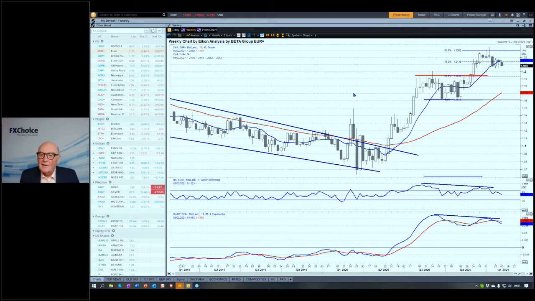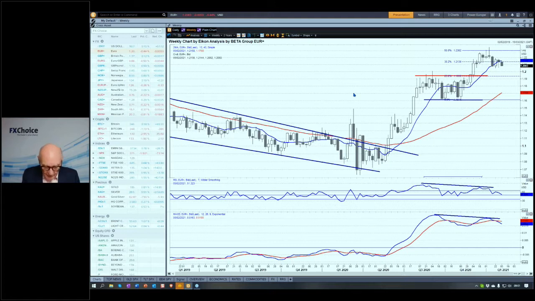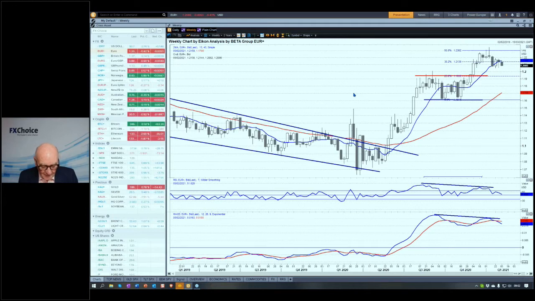So today we're going to start with the currencies, then move on to the indices and commodities, and some individual stocks as well. It's a week where the market was dominated not by the dollar or the stock market, but really by one share.